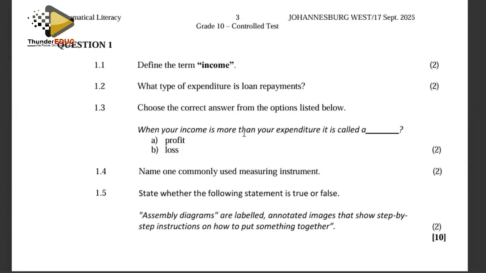The word income simply means income. In your simple words, you could say it's the money one receives. You can say that. Or the money that comes into the household. Money coming. All right? Income. Receiving money.